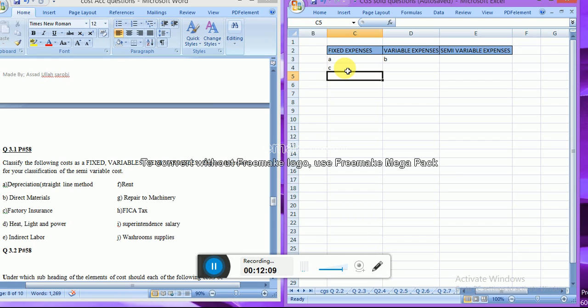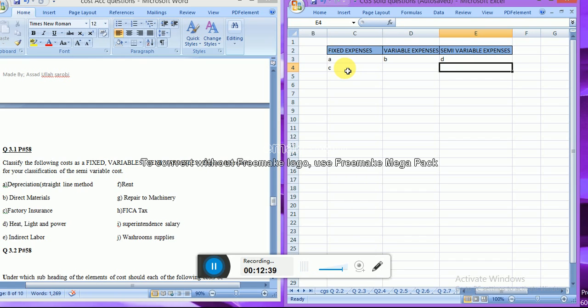If we use fewer kilowatts of heat, light and power, our electricity bill will be less. So here both variable and fixed qualities exist. That's why this is called semi-variable cost.